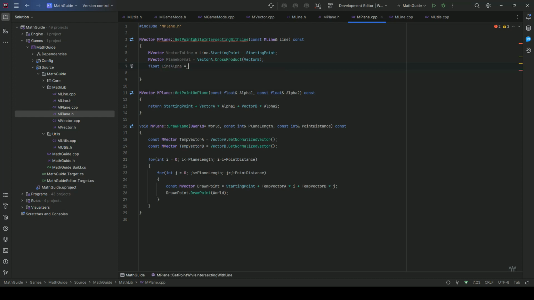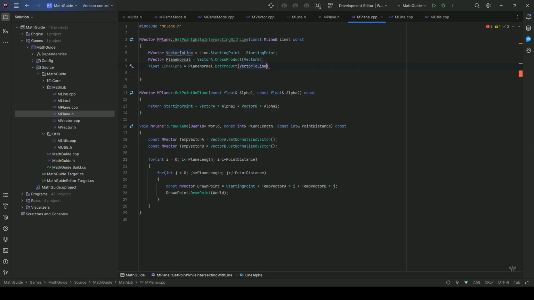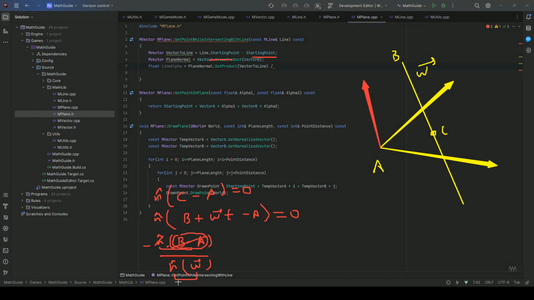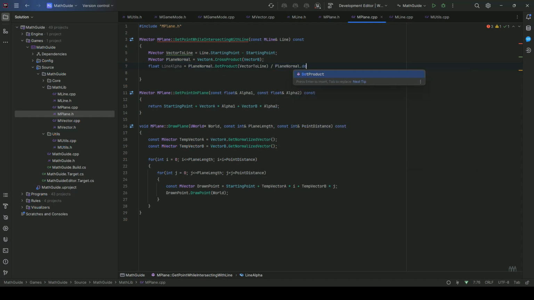Alpha was like first we were multiplying the plane normal and doing the dot product with the upper one, vector to line, divided by, in the division we were doing the same plane normal with line. So let's do that. Plane normal dot product and it is line dot line vector.